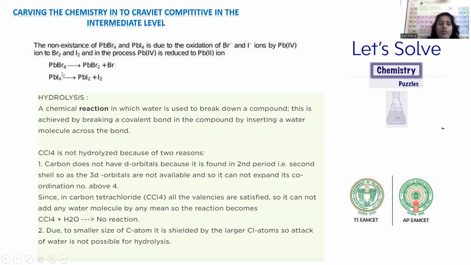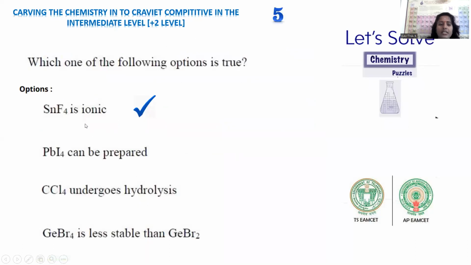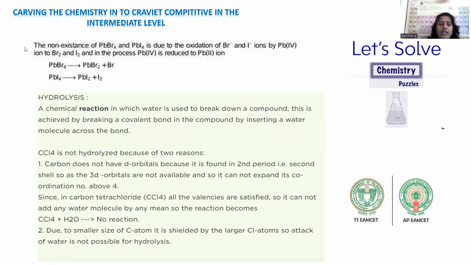And since bromine and iodine have more tendency to be oxidized, +4 is easily converted into the +2 form. That's the reason why the existence of lead tetraiodide is not possible in a practical sense. Rather, lead dibromide or lead diiodide are the prominent products we can assume.